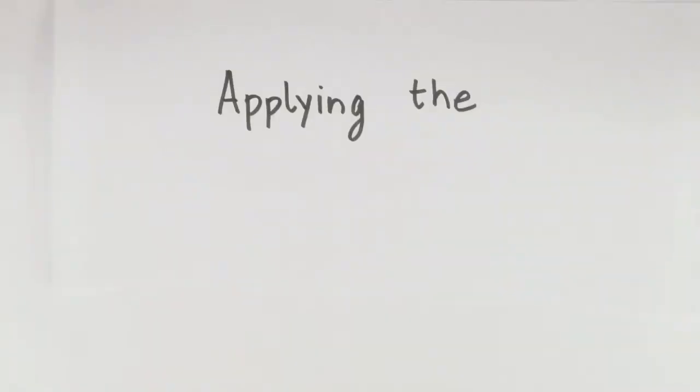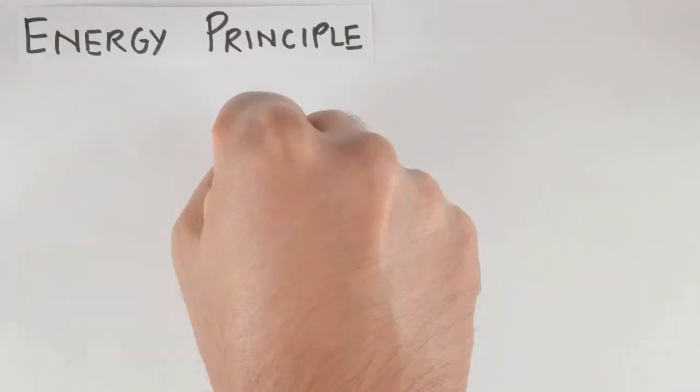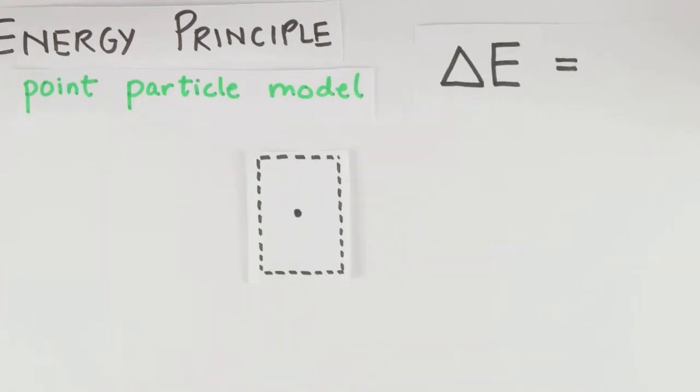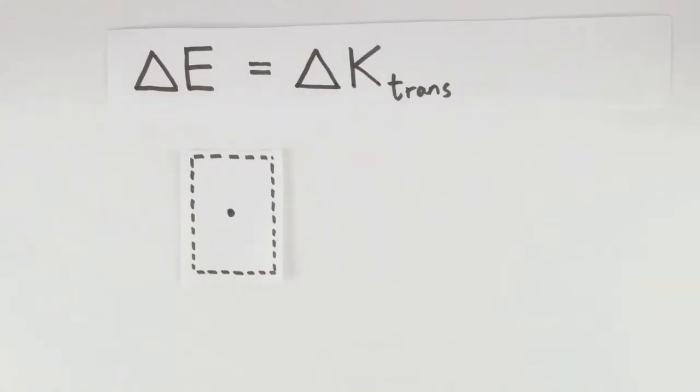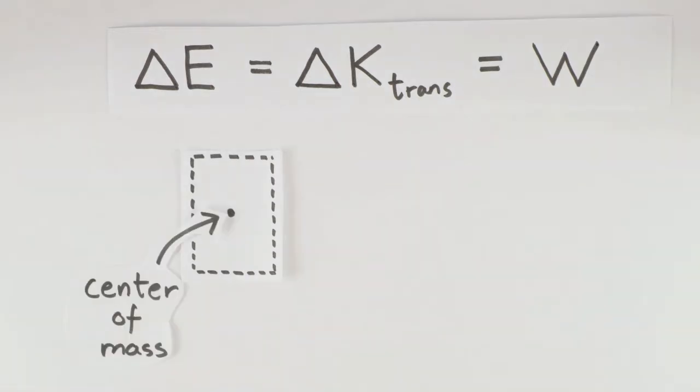Let's start by first applying the energy principle in a point-particle model, which means we focus only on the change in translational kinetic energy of the block, which is equal to the work done by all interactions of the surroundings, expressed as forces, acting on the block at its center of mass.